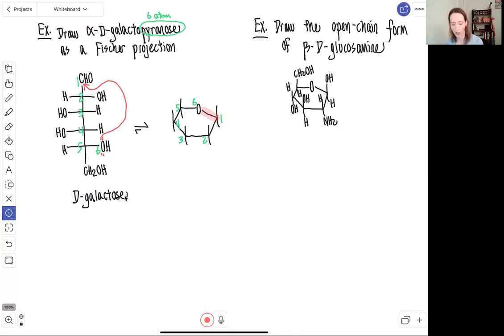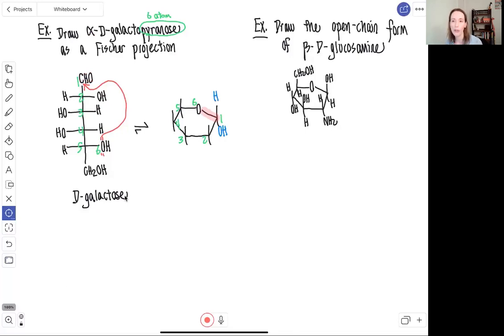So I'm going to fill that in with the hydroxy group oriented downward. That is the hydroxy group that originates from this oxygen, which picks up a proton and becomes this hydroxy group in our structure. Alpha means that it is oriented downward.